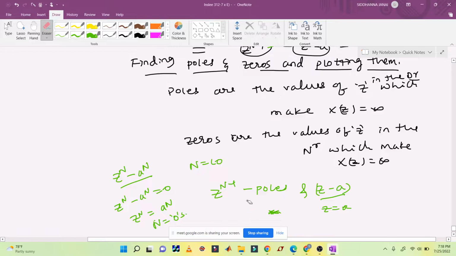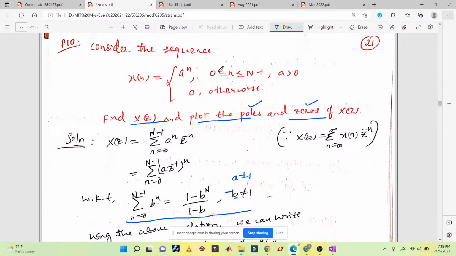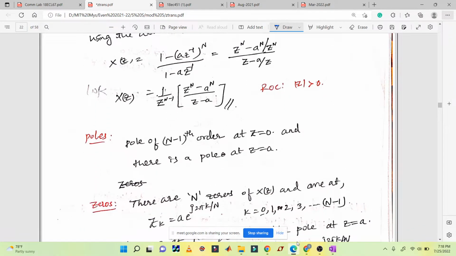Now let us try to find the answer to whatever I have explained. So the poles are: a pole of order n minus 1 at z equal to 0, and a pole at z equal to a.